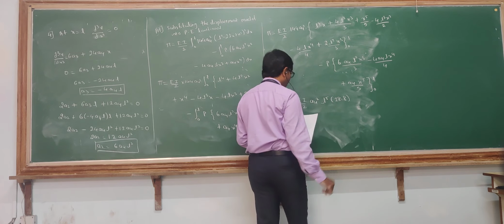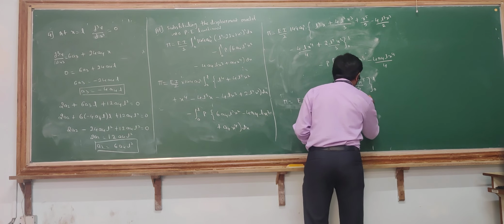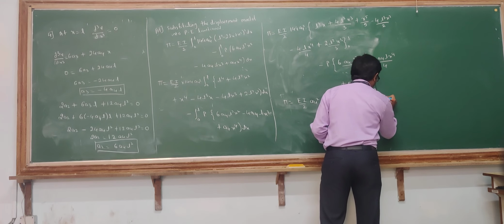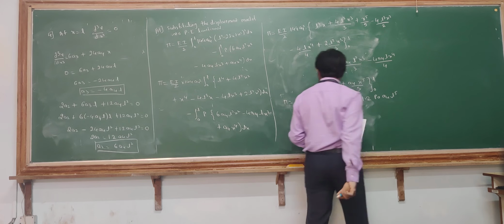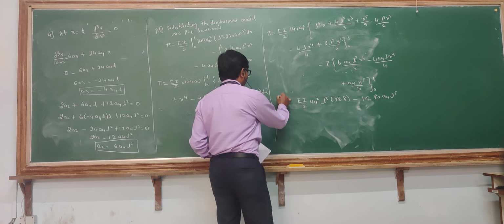So you'll be getting this value. This substitution you'll be getting 1.2 P naught A4 L5. So you'll be getting this equation as pi.